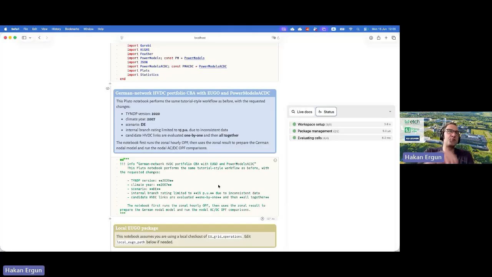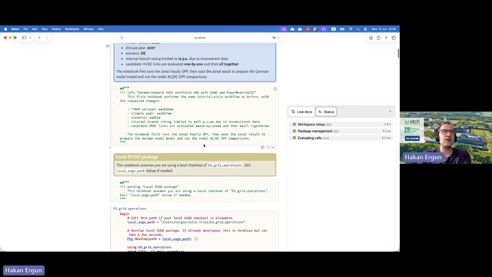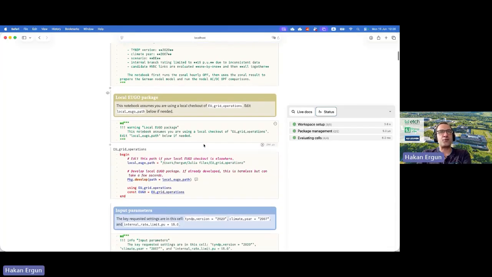So first, the notebook is going to run the zonal market clearing, and then the results will be used on the more detailed German grid model to assess what the HVDC links are going to bring us. In order to prepare the data, we are also relying on a package that is called EU Grid Operations. This is also available in open source.